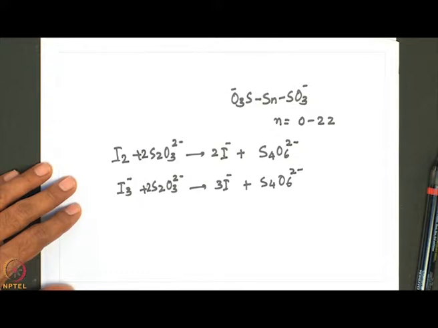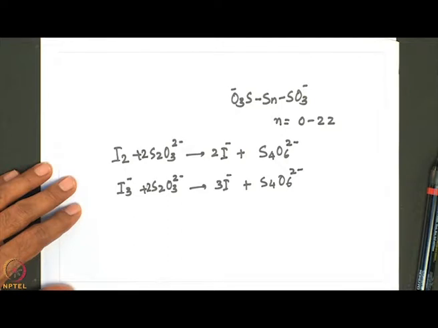So, the I3 minus anion is most commonly encountered during redox titrations involving iodine, where an excess of iodide ions is added to convert any iodine formed to the soluble I3 minus.